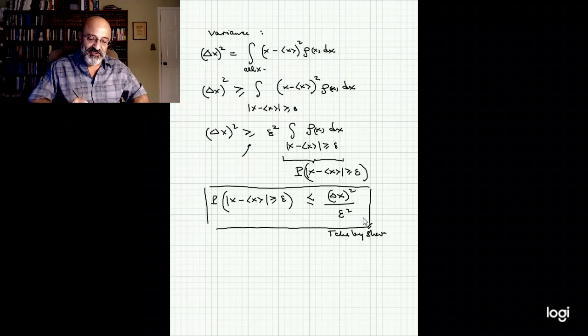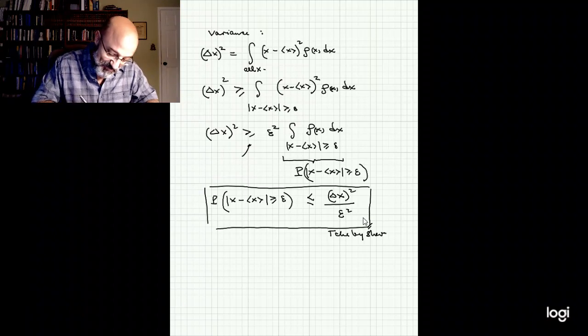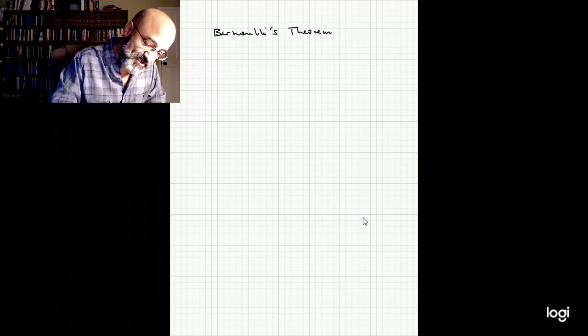And so now we're going to use it to derive the Bernoulli law of large numbers. This is the way it works, Bernoulli's theorem, also known as the law of large numbers.